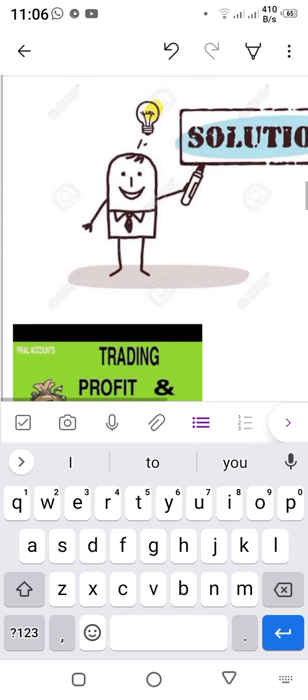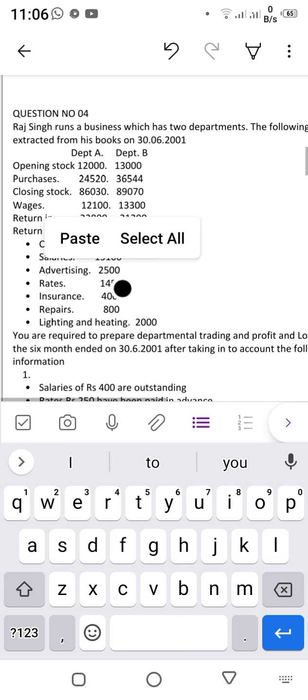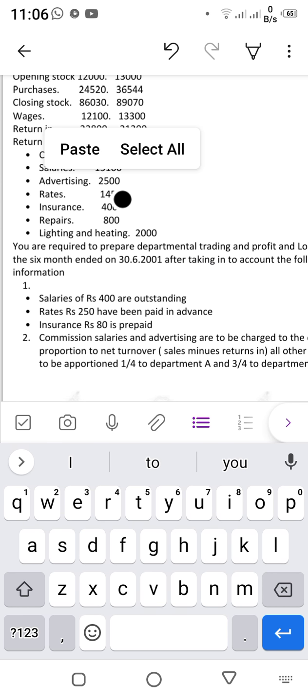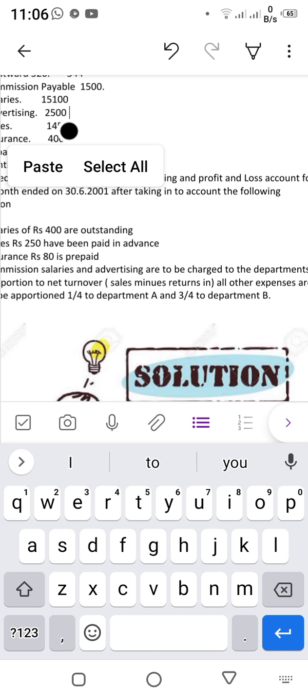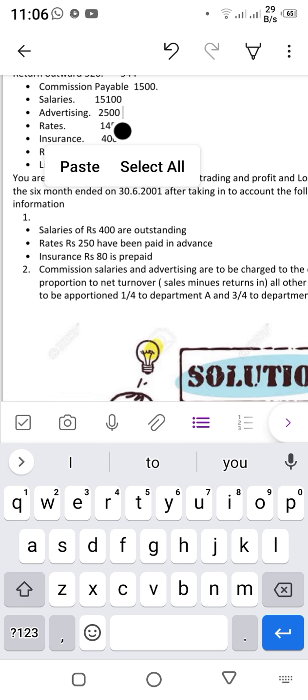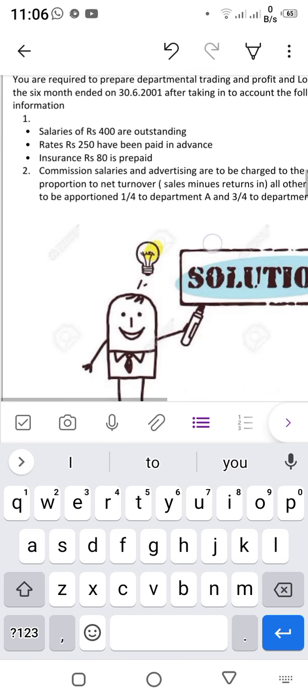Next one is rates, and it will be distributed in a proportion of 1/4 and 3/4, but there is an adjustment as well, 250.